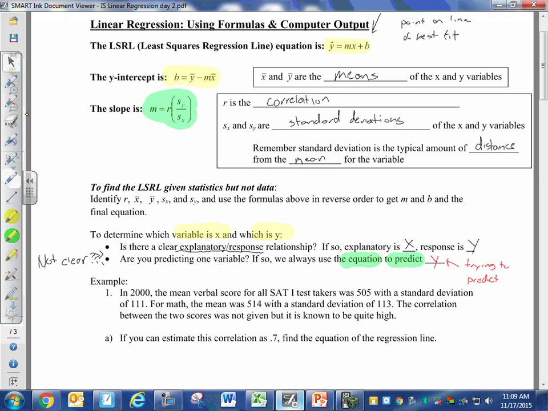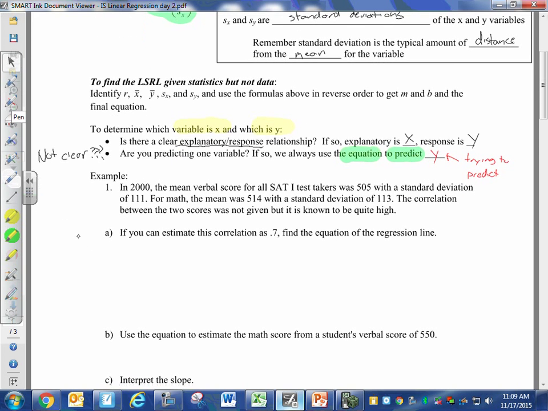Here comes our first example. In 2000, the mean verbal score for all SAT 1 test takers was 505 with a standard deviation of 111. For math, the mean was 514 with a standard deviation of 113. The correlation between the two scores was not given, but it's known to be quite high.